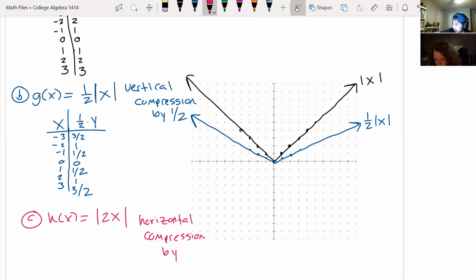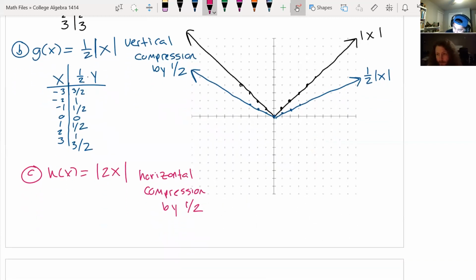Remember, if it's horizontal, you always think opposite. So whatever number is inside the function is going to be the reciprocal. So what would that be? 1/2. There we go.